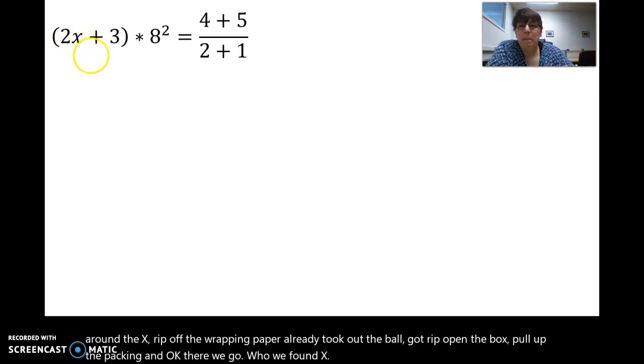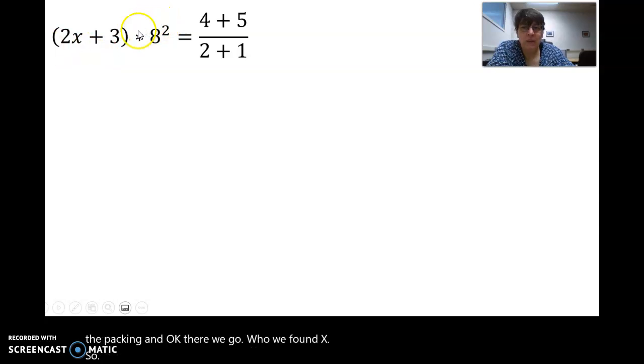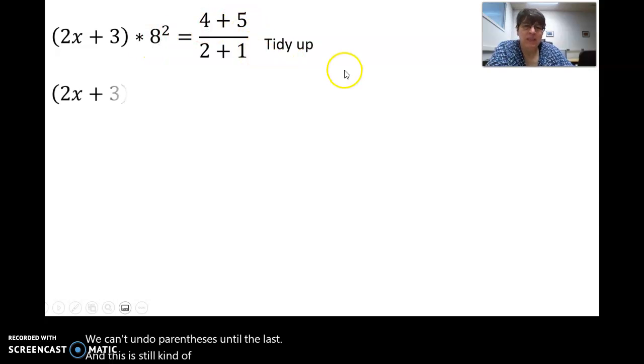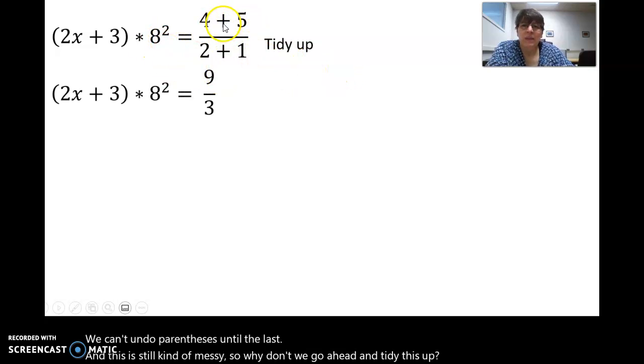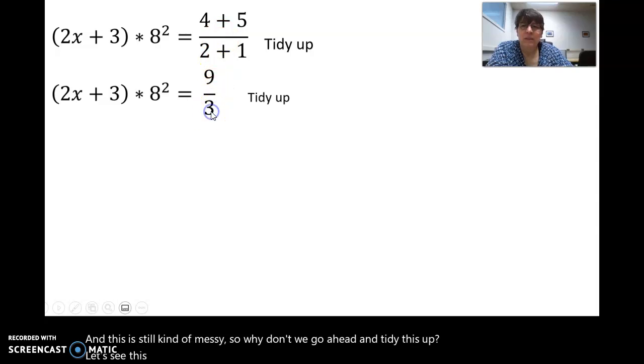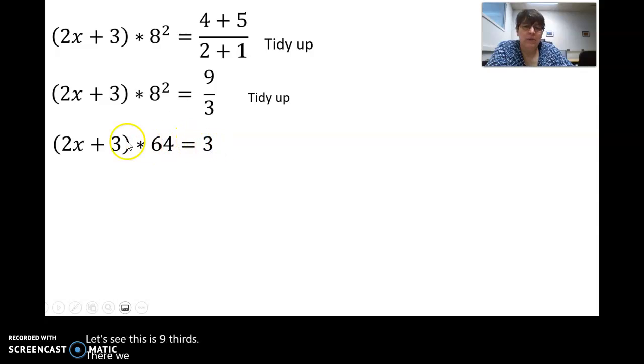So we can't undo parentheses until the last. And this is still kind of messy, so why don't we go ahead and tidy this up. Let's see, this is 9/3. There we go. Parentheses times 64 equals 3.